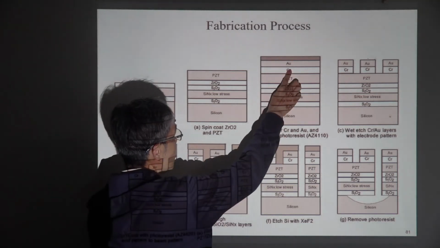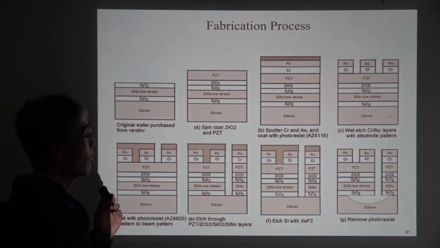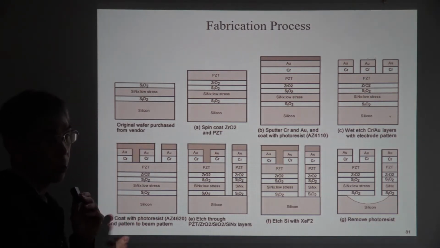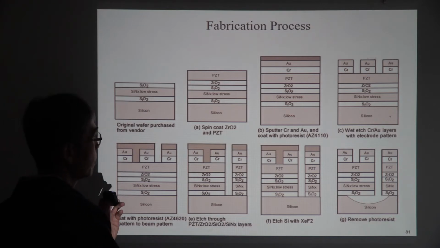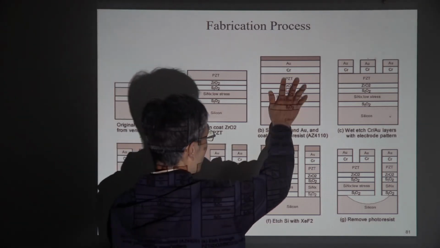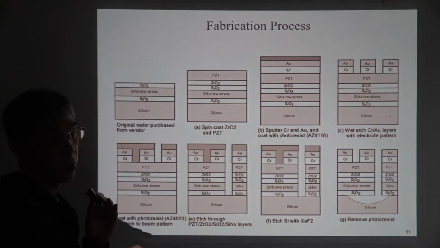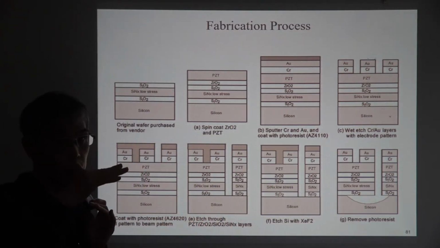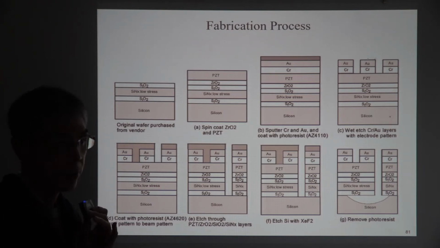Then we deposit chromium, then gold. Gold is the electrode material, and chromium is also an adhesion layer. Then we pattern the electrode. In this case, we just use the top electrode, a finger type electrode on top.